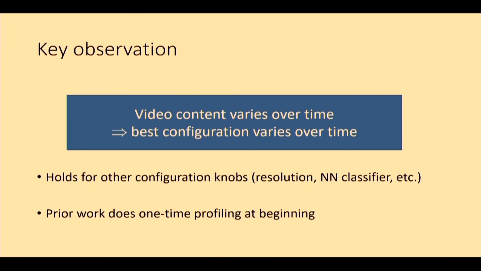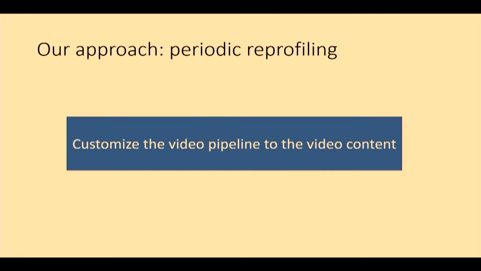Prior work has largely done one-time profiling at the beginning of a video query or a video feed and used that configuration throughout the remainder of the video. What we're advocating instead is to do periodic reprofiling. So instead of the prior approach of customizing the video pipeline to the video content, we think of this more as adapting the video pipeline to dynamic video content.